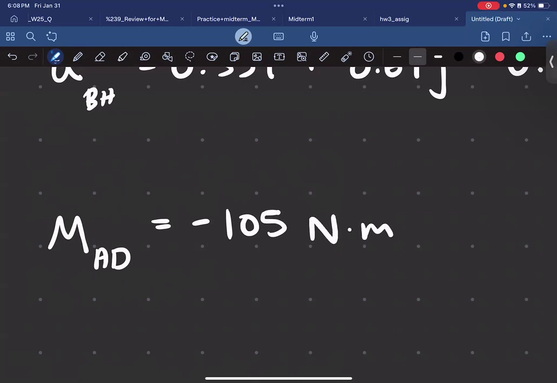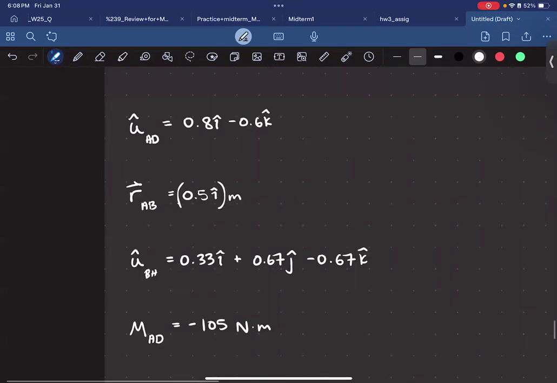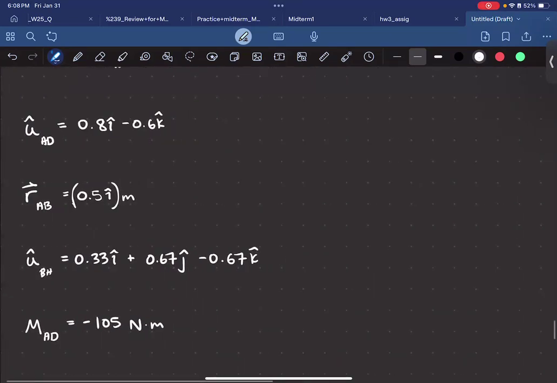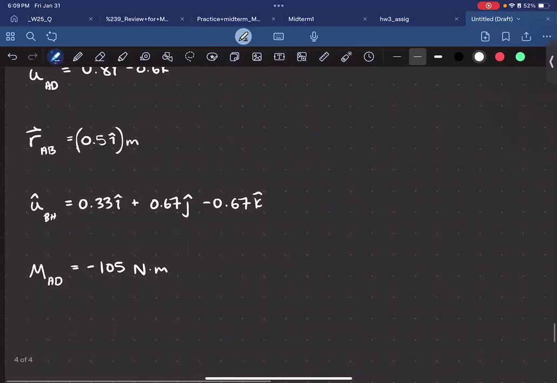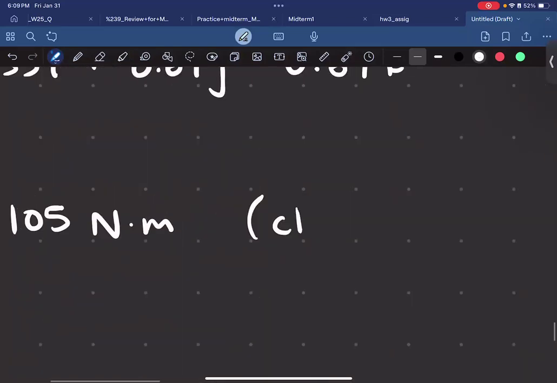Oh, sorry, 44.6 is from the last problem. And this negative sign means that the moment is not counterclockwise, but is in the clockwise direction.